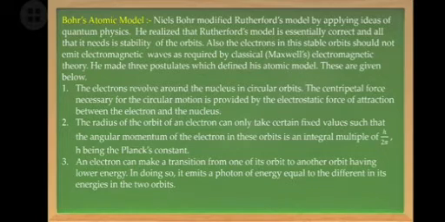The necessary centripetal force to revolve the electron in a circular orbit is provided by the electrostatic force of attraction between the electron and nucleus. This is the first postulate, that centripetal force is provided by the electrostatic force of attraction between electrons and nucleus. And you know that this electrostatic force is given by Coulomb.